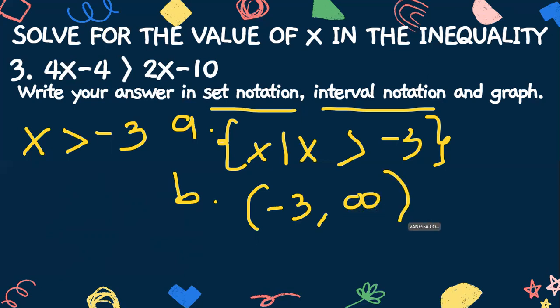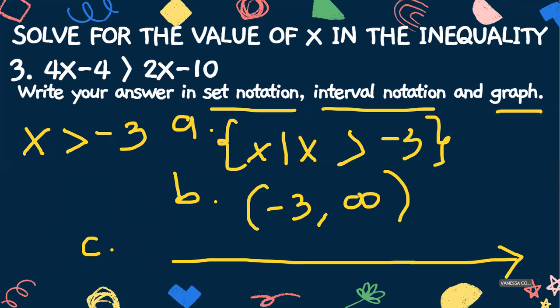And then letter C, its graph. Negative 3, negative 2, negative 1, 0, 1, 2, 3.